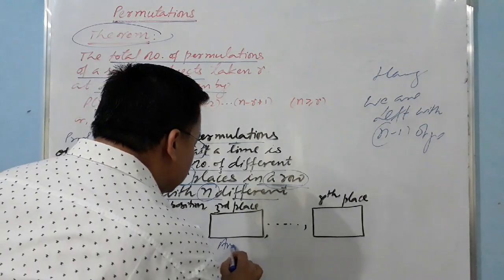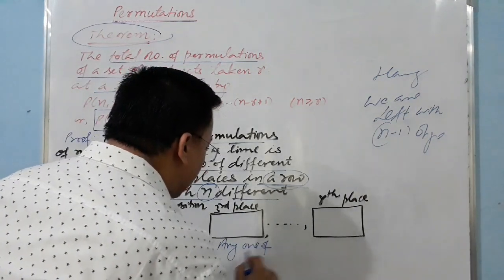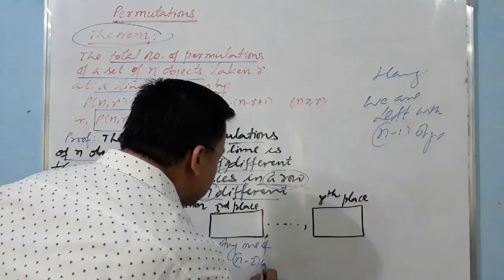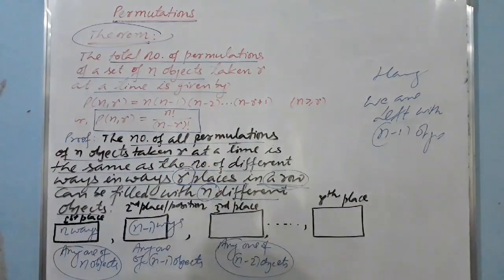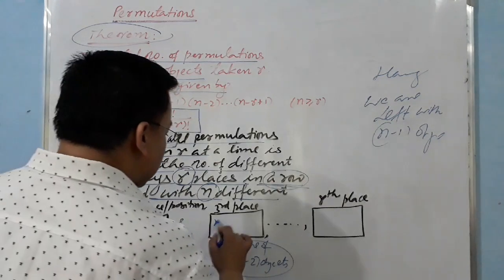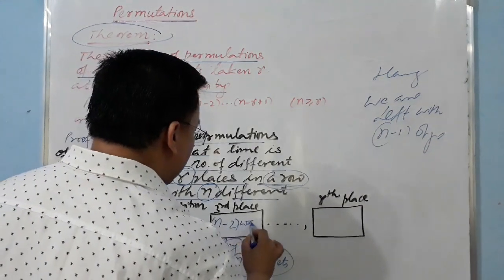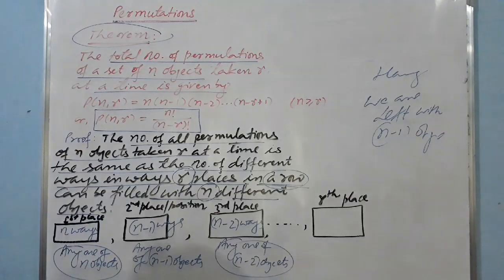Here we can use any one of n-2 objects, and here you can write n-2 ways.